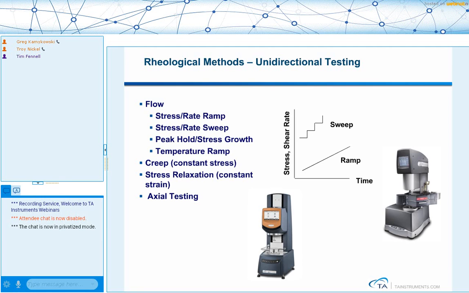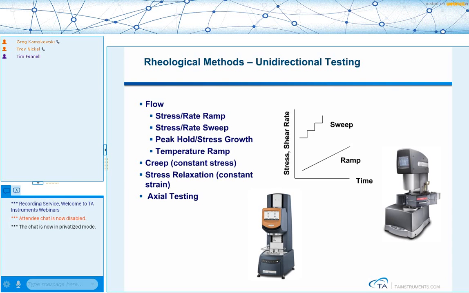On the HR rheometers, we call that peak hold; on the Aries G2, that's stress growth. And we can get viscosity versus temperature. And then the other unidirectional tests that we can do with these instruments are creep, stress relaxation, and we can actually do unidirectional axial testing on these rheometers as well.